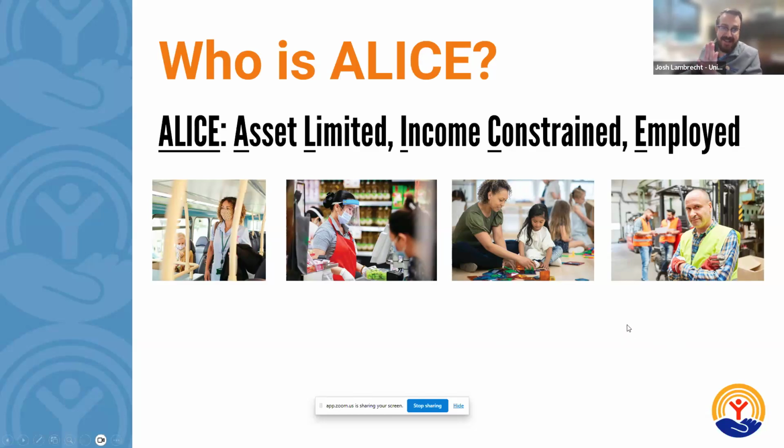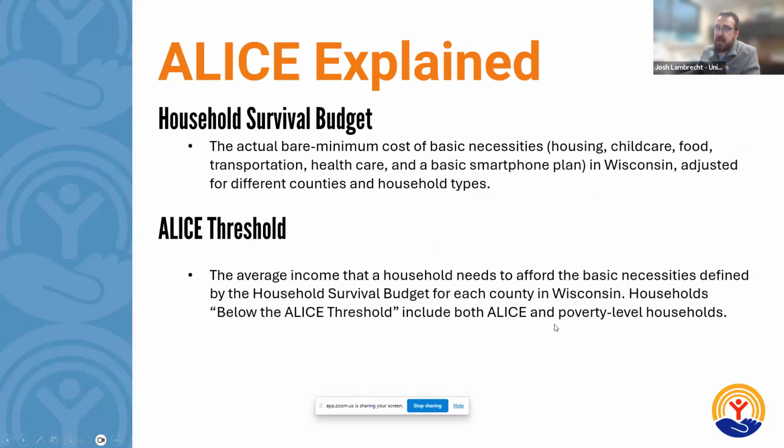They're not making enough to afford those basic needs that they need on a daily basis because of a variety of factors. So there are going to be a couple terms that we will use during my presentation here, as we talk through this. The first is a household survival budget. So when we talk about a household survival budget, that's really the bare cost of necessities.